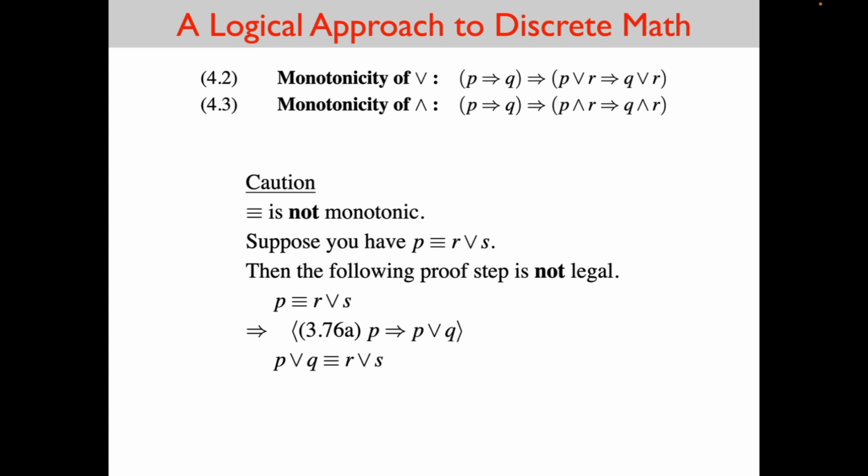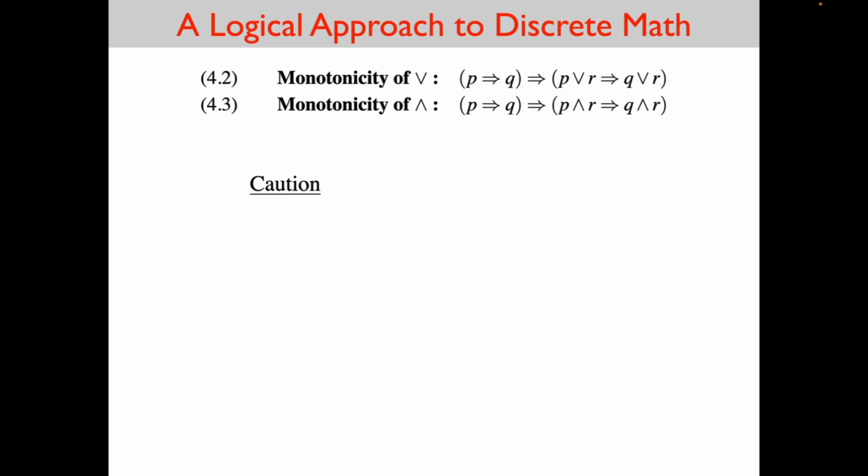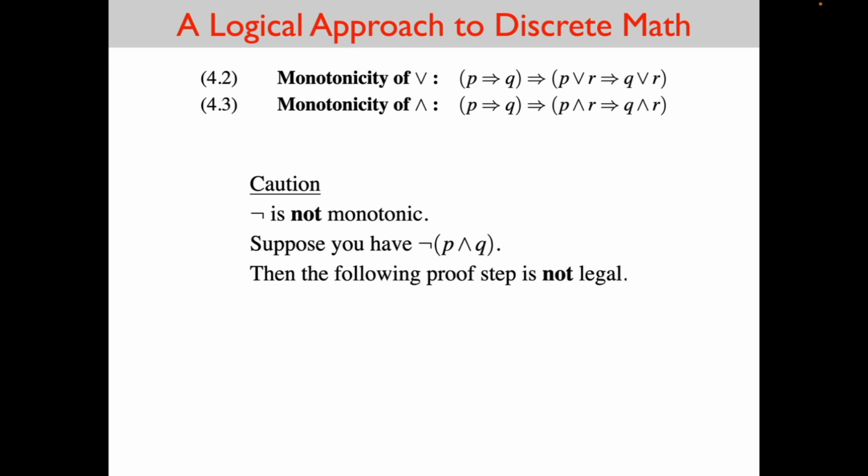And here's another one. Not only is equivales not monotonic, but negation is not monotonic. So here is an example of an erroneous proof step. Suppose you have not, parentheses, P and Q. So here we have a proof step where we're starting with not, parentheses, P and Q. Now check this out, you guys.